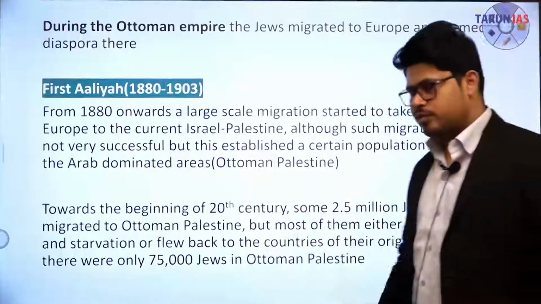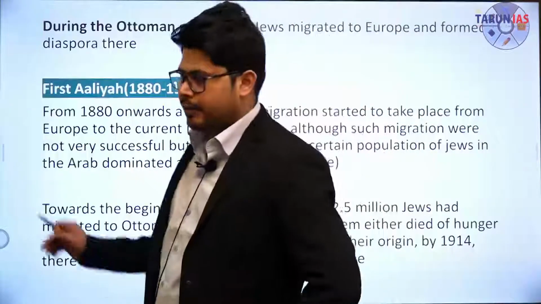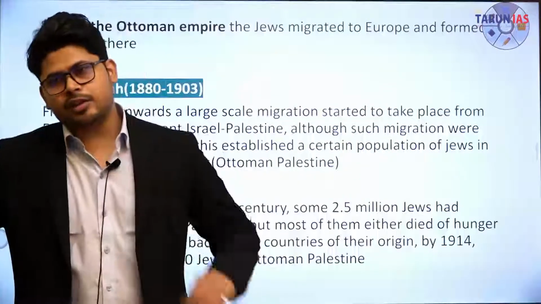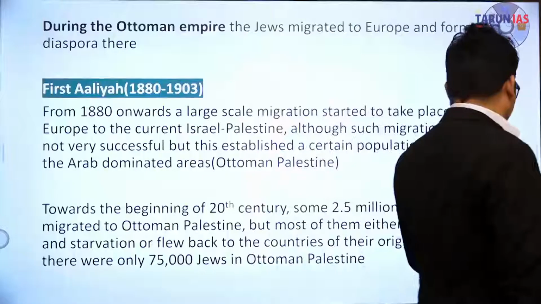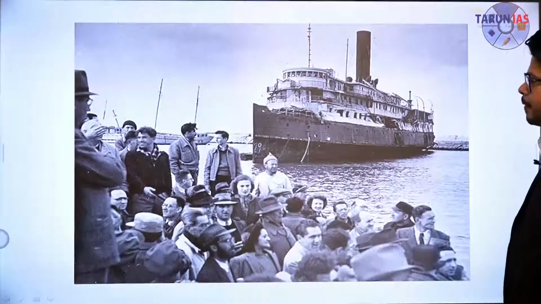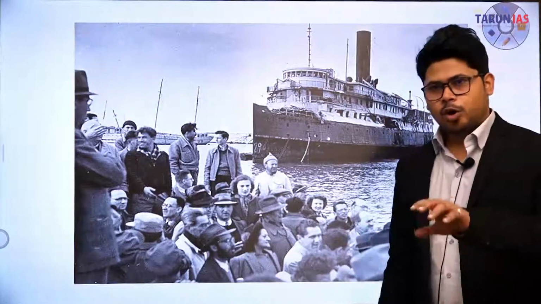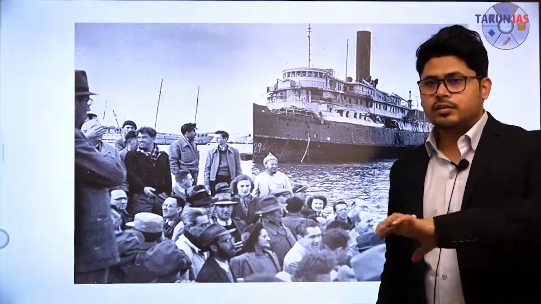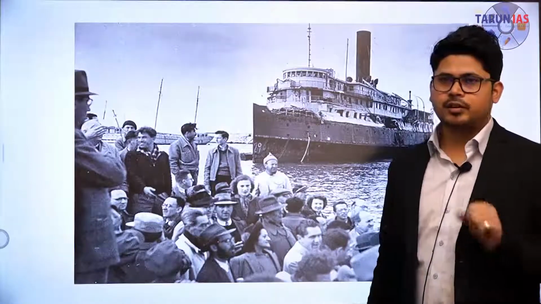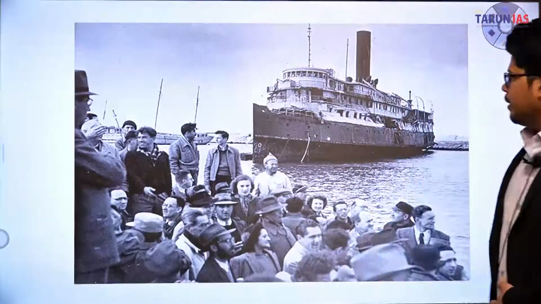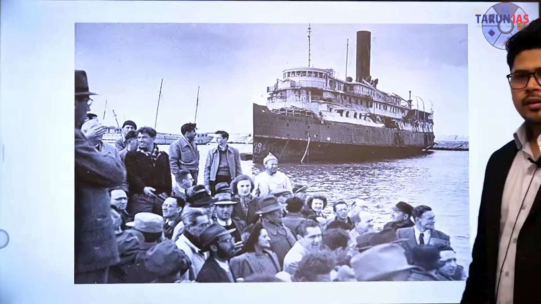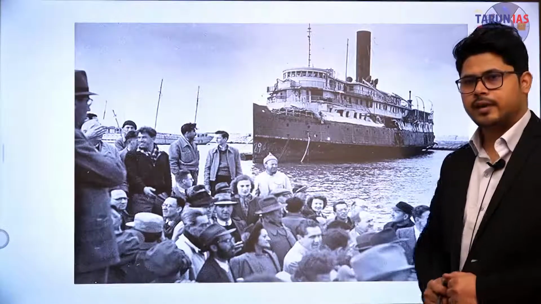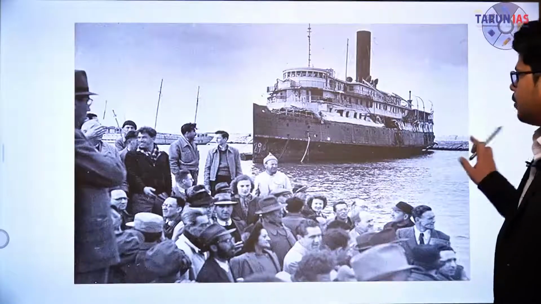By the starting of the First World War, there were around 75,000 Jews in the whole of Ottoman Palestine, the area of Israel and Palestine as we know today. ठीक है. This is a picture from the first Aliyah, people landing on the beaches of Israel. ठीक है. Haifa city के around.